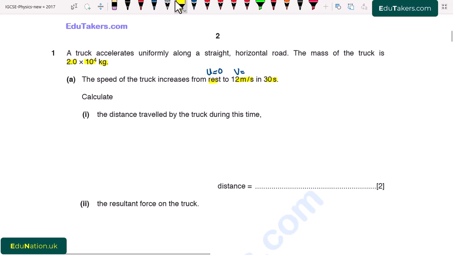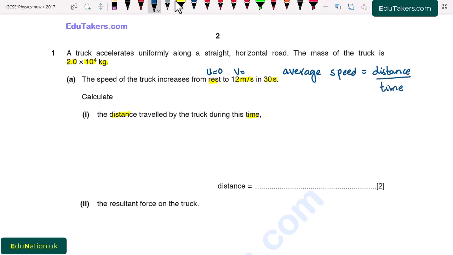And to gain this speed, the truck takes 30 seconds. Calculate part first, the distance travelled by the truck during this time. So here we have to find out the distance travelled by the truck during 30 seconds. For that we have to know the formula which is used to calculate distance. So we know that average speed is equal to distance divided by time.